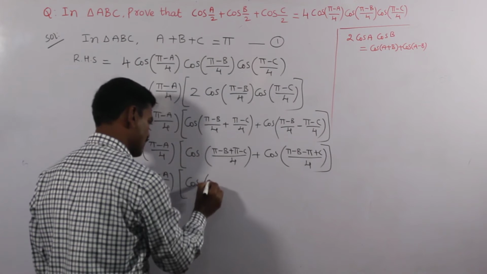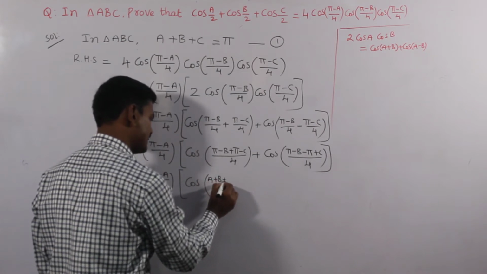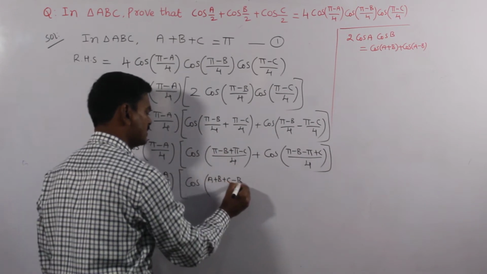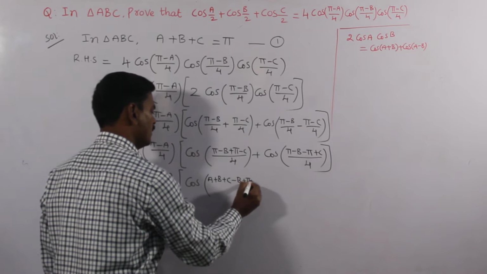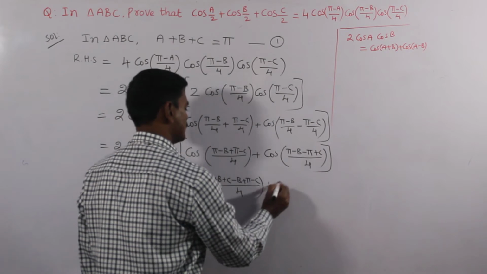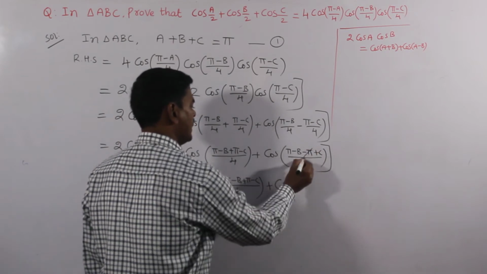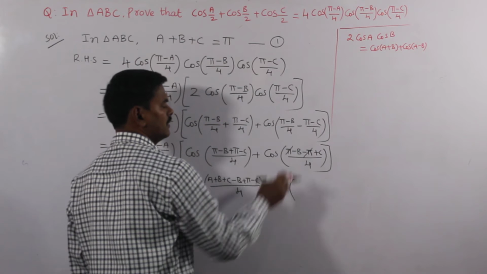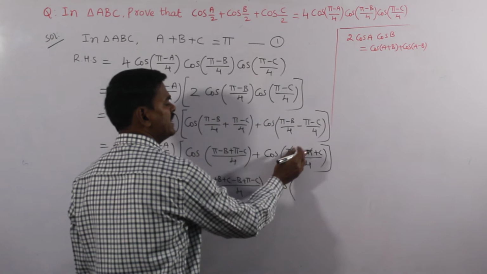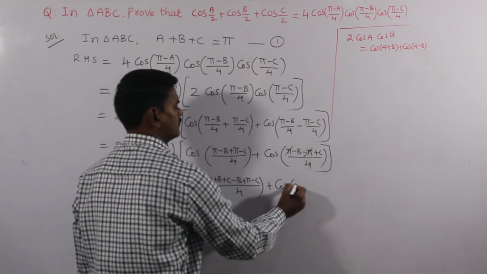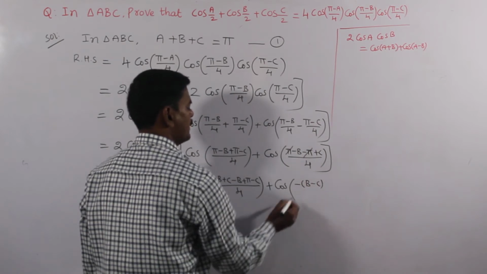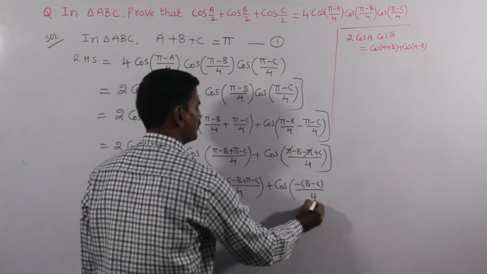So we can replace π with A + B + C. Write the remaining terms same: − B + π − C whole divided by 4, plus cos of, here −π + π can be cancelled. Now we have −B + C, so better to say B − C. If you take minus common, −B + C changes as −(B − C)/4.